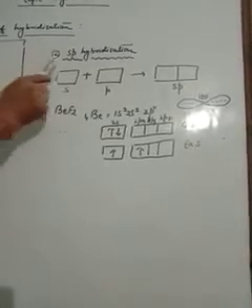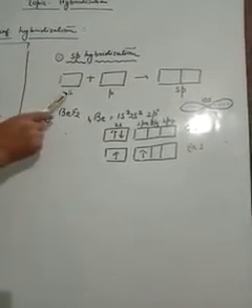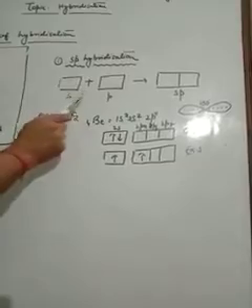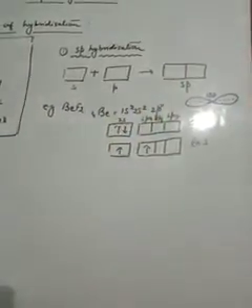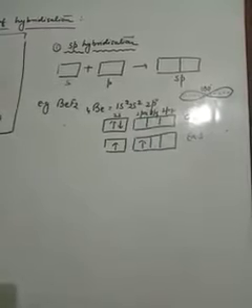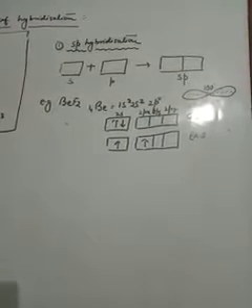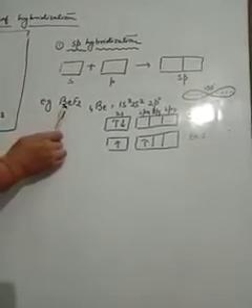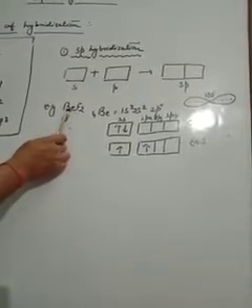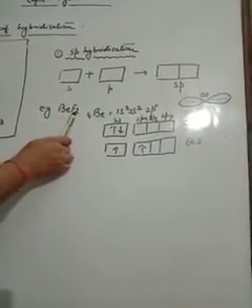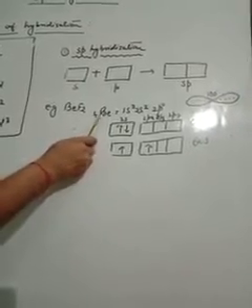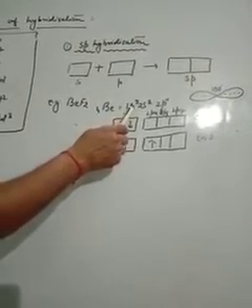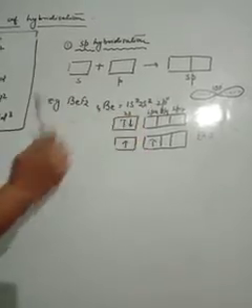Under the sp hybridization, 1s and 1p combine and give two hybrid orbitals having the same energy. I am taking the example here, BeF2, beryllium fluoride. As we know, beryllium has atomic number 4, electronic configuration 1s2, 2s2, 2p0.